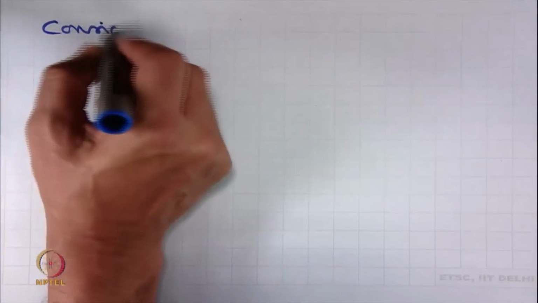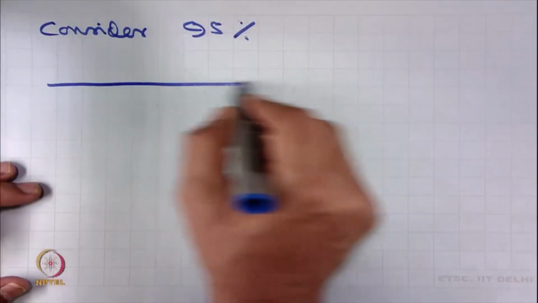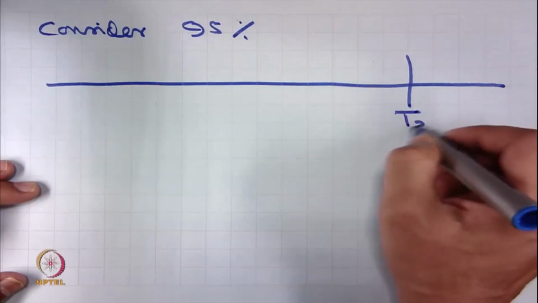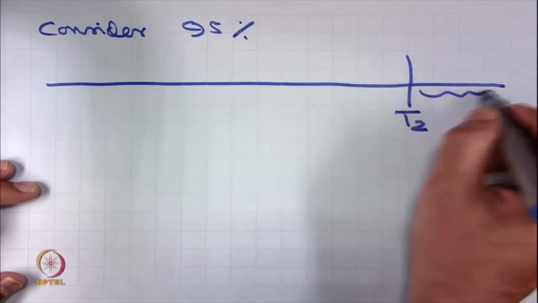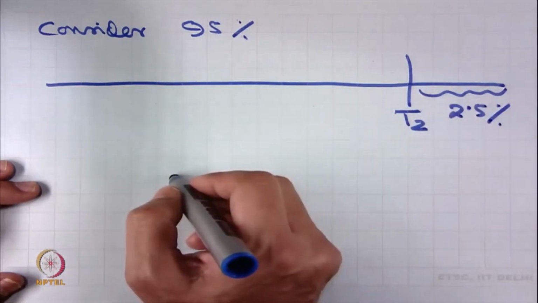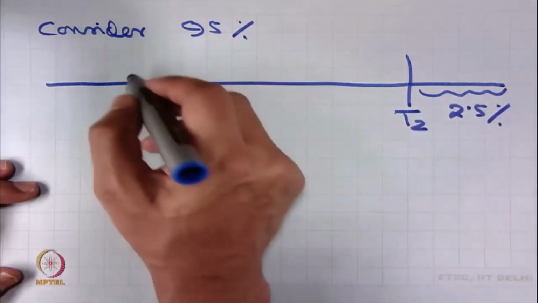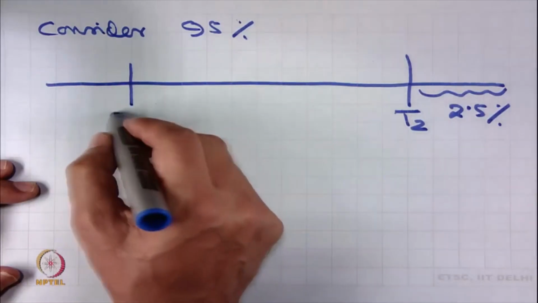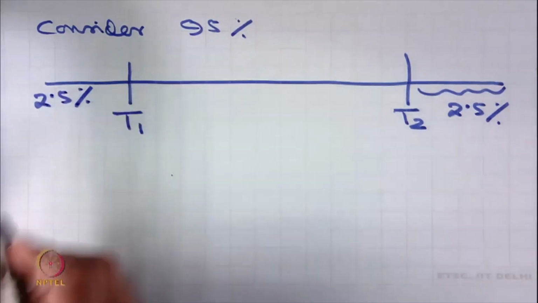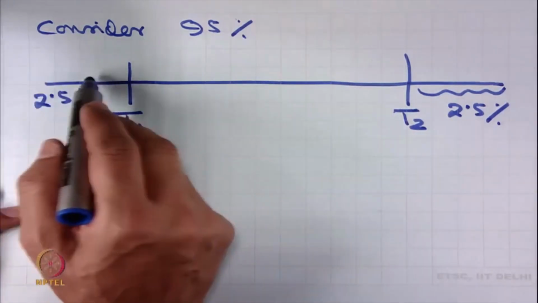Consider 95%. Suppose this is the range of theta. We want T 2 such that in this there is 2.5% chance that the variable will occur on this side of T 2 and say T 1 such that on this side also there is 2.5% chance that the theta will occur in this region.